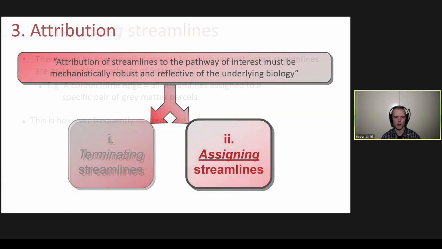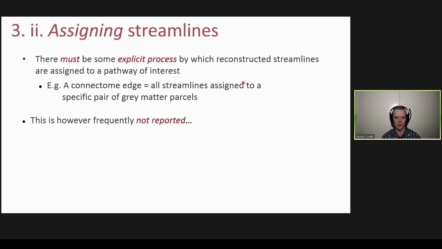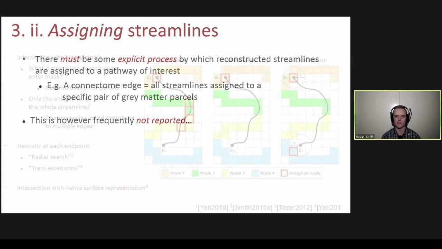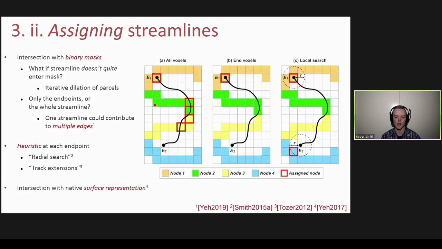Okay, so assigning streamlines. This has been a little bit of a bugbear of mine that a lot of people overlook. If you've got a grey matter parcellation and you have a whole brain streamlines reconstruction, there needs to be some explicit process by which you combine those two things together to produce the connectome. And this is very often not reported in the literature, but it can potentially have large consequences. We actually published something on this not too long ago.